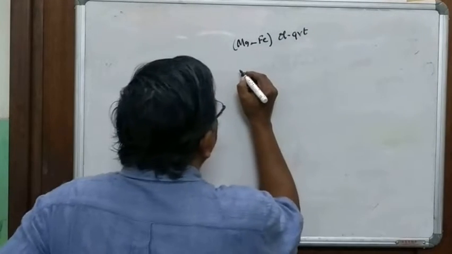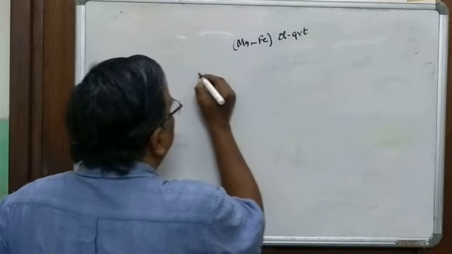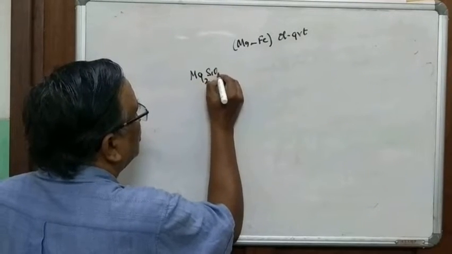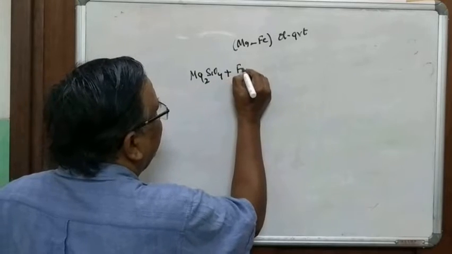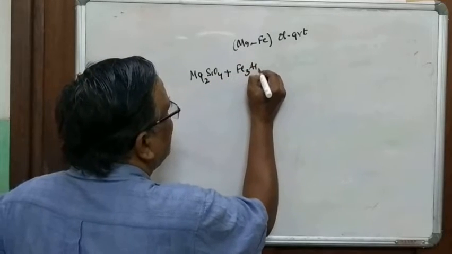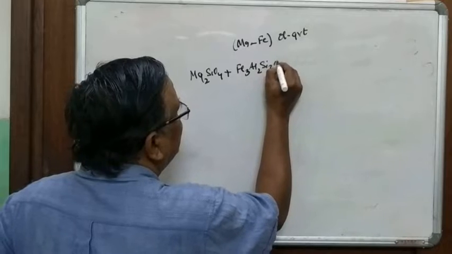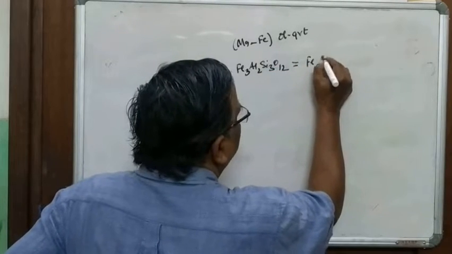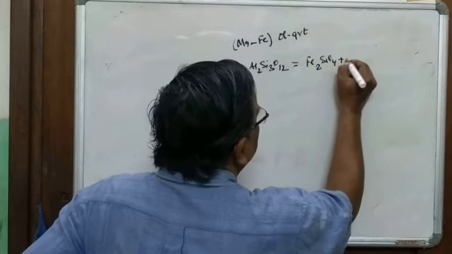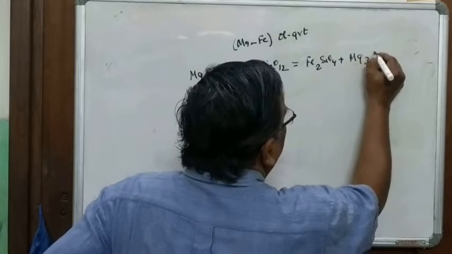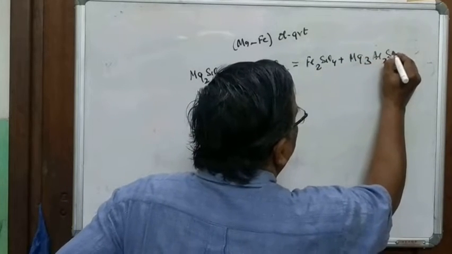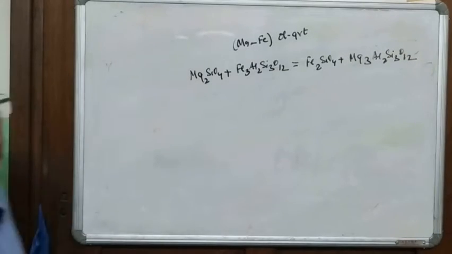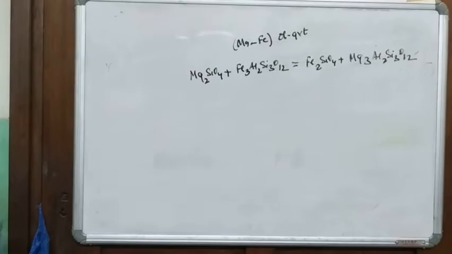So if you do that, then you can write the expression as Mg2SiO4 plus Fe3Al2Si3O12 is equal to Fe2SiO4 plus Mg3Al2Si3O12. Now, before doing anything, what you need to do is balance the reaction.